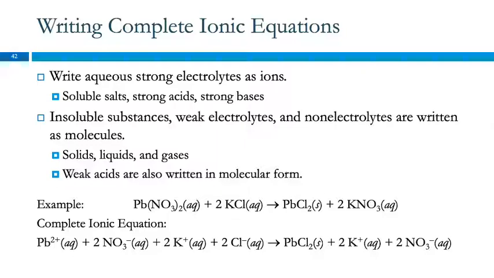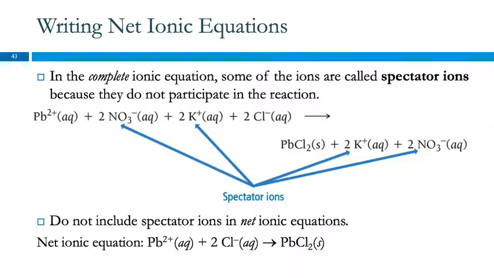Most of the time it's actually just a step towards the net ionic equation. So we've got all of the ions shown, and some of these didn't get changed. They weren't involved in a chemical reaction. Nitrate, we had 2 nitrate ions before, and we still have 2 nitrate ions.